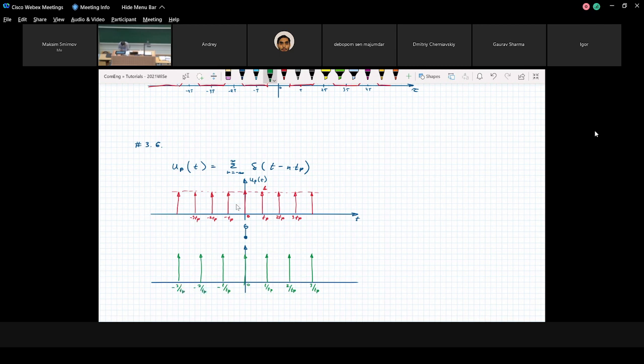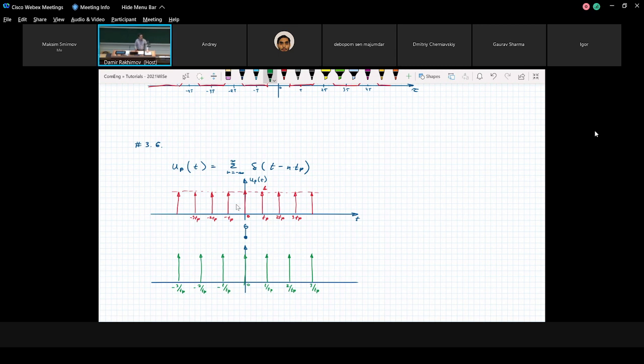And what will be the magnitude? Oh, not TP. That's very close. This is in the time domain. It's in the frequency domain.